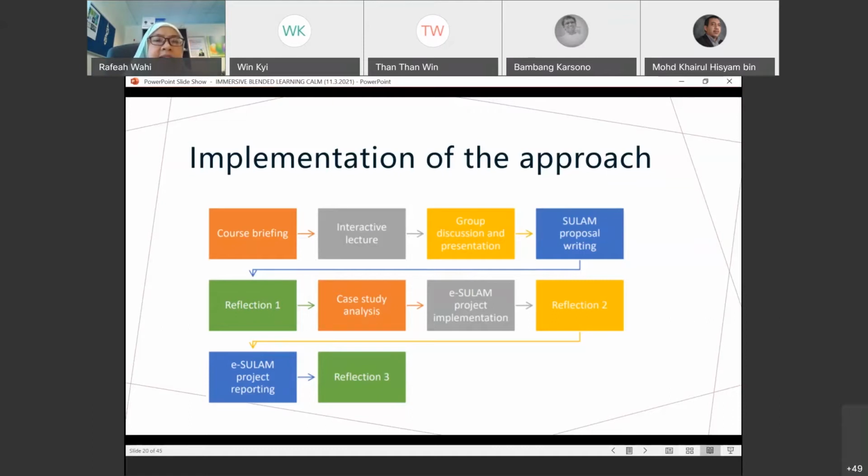They can look for the information on the internet, and then at the end of the submission, they must make sure that their submission is an original submission. Of course, we have to do the Turnitin check to ensure that students are writing original answers, right? And then e-SULAM project implementation, followed by reflection 2, and then e-SULAM project reporting, and then reflection 3.